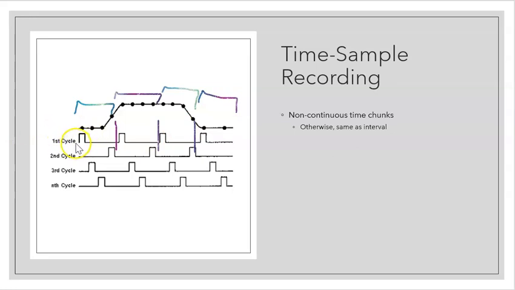So you're going to go in for the first 10 minutes of the hour. From 1 o'clock to 1:10, you go in and look, does the behavior occur? And then you leave. Then at 2 o'clock until 2:10, you go in again and say, did it occur? So you're sampling during that time.